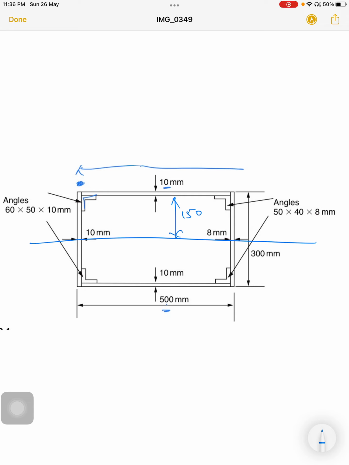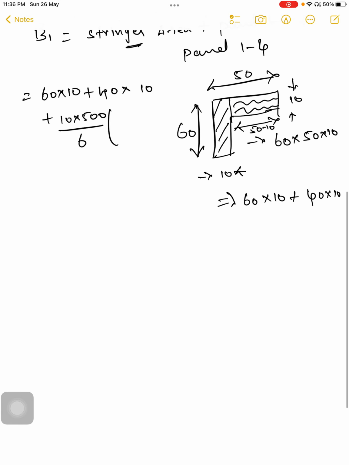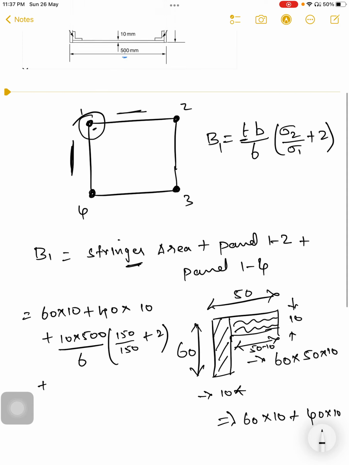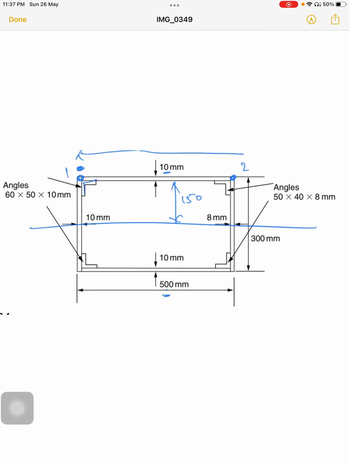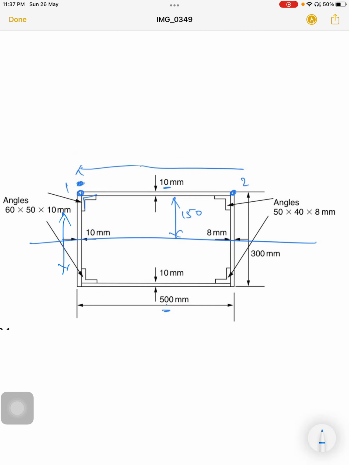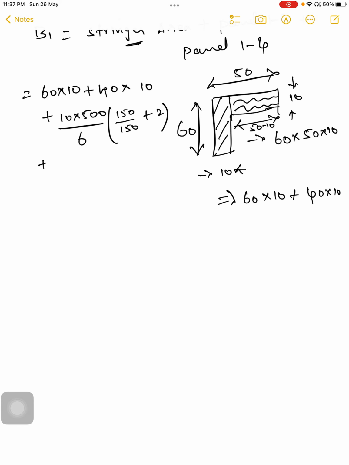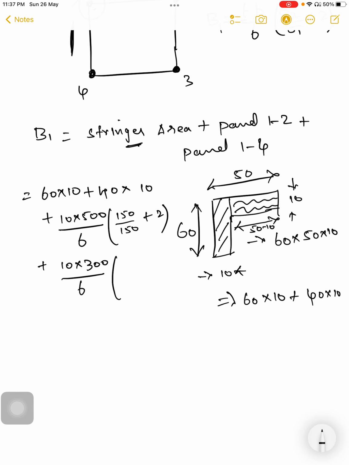So this is point 1. Sigma 1 will be 150 and sigma 2 will be 150, so it will be 150 divided by 150, plus 2, plus for panel 1 4, the thickness is 10 and the length is 300, so t equal to 10 and b equal to 300 divided by 6, then sigma 4 divided by sigma 1.